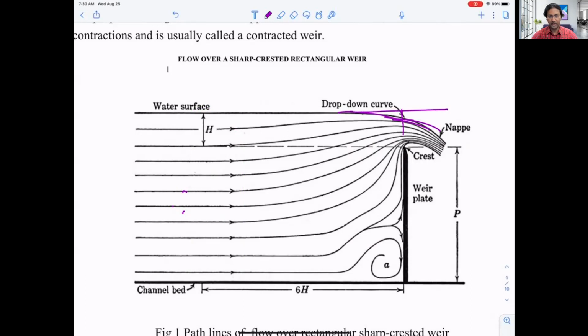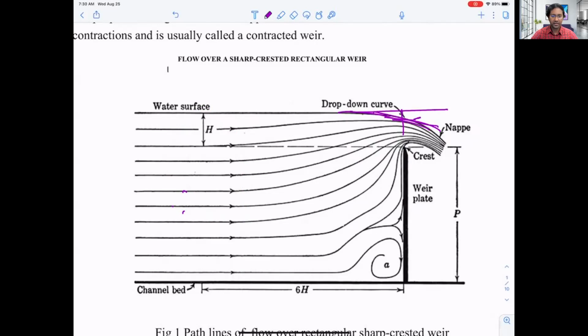There is another one: the pressure throughout that sheet, that nappe, should also be hydrostatic. But in reality it will be different from a hydrostatic pressure distribution. And the surface, of course, should be at atmospheric pressure.